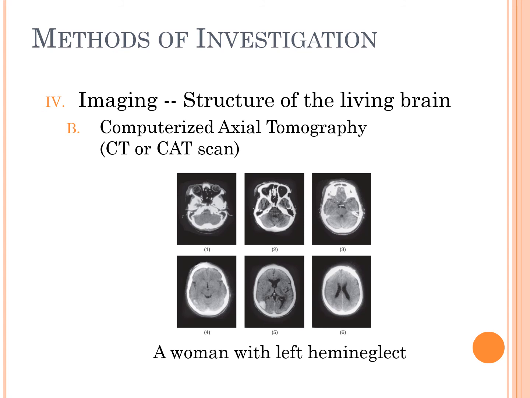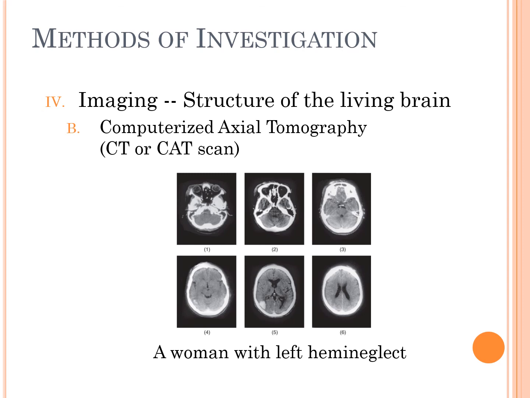As we move into, I'm going to go ahead and move to 4. You can start to see on the right hand side of the person, our left-hand side, this little white space there in the parietal lobes. Remember, we talked about left hemineglect being that right parietal lobe damage that causes an inability to really pay attention to the left side of space, or the left side of the body, and so forth.